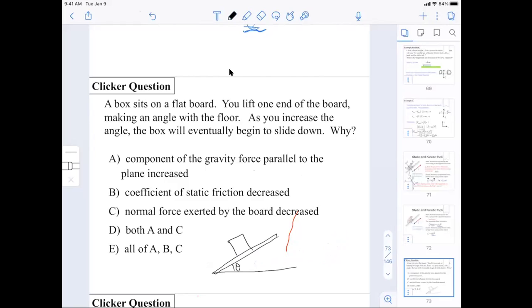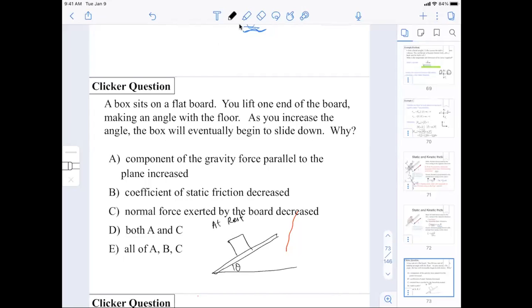All right, so there are multiple factors in play when we talk about the motion of the object. So can anybody tell me, when the flat board is lifted up and the box right now is still at rest, it's not moving yet, how many forces are acting on the block?